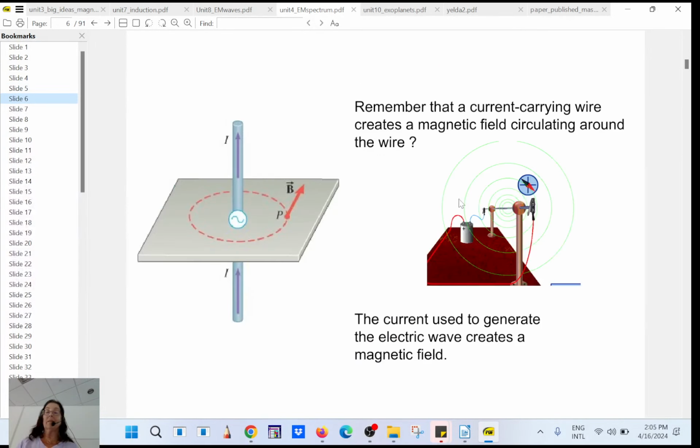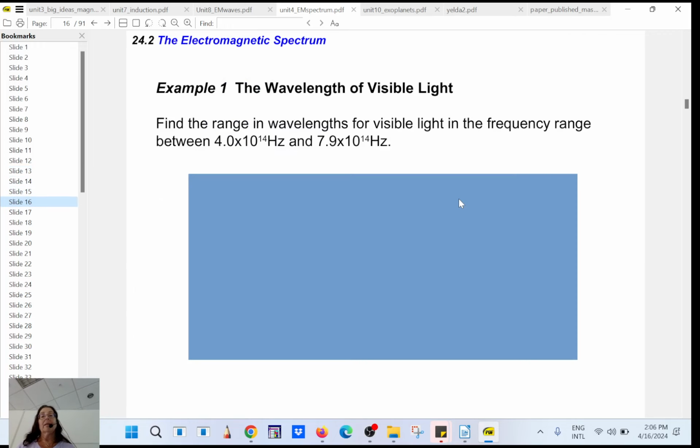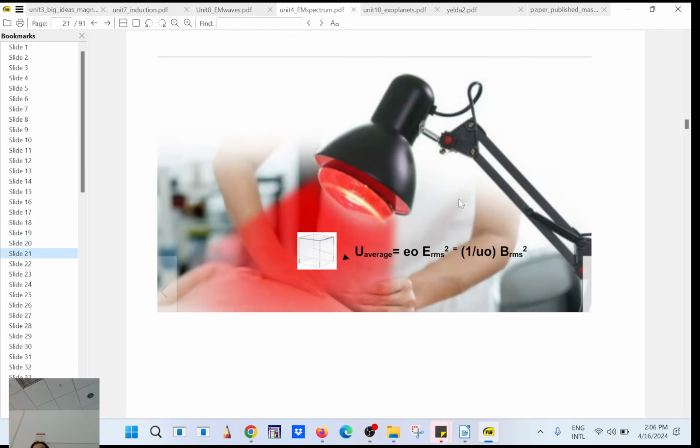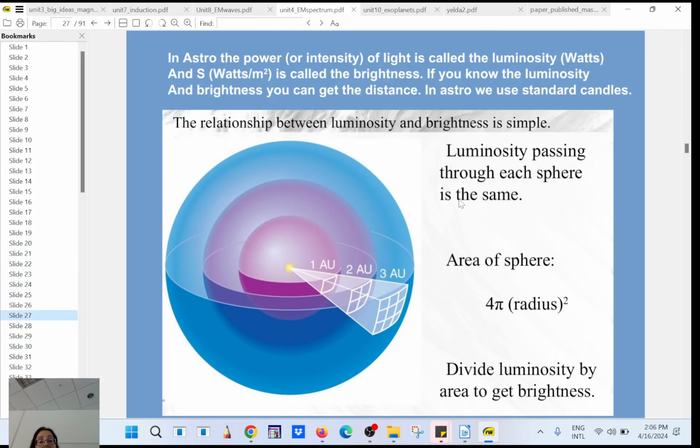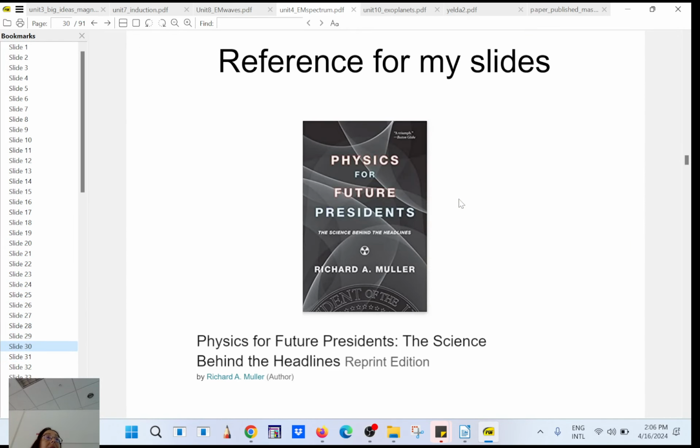So talking about the medical field, now we're going to talk about electromagnetic wave applications. Some of the things I'm going to tell you are from this book here. It's a very nice book, very easy to read.